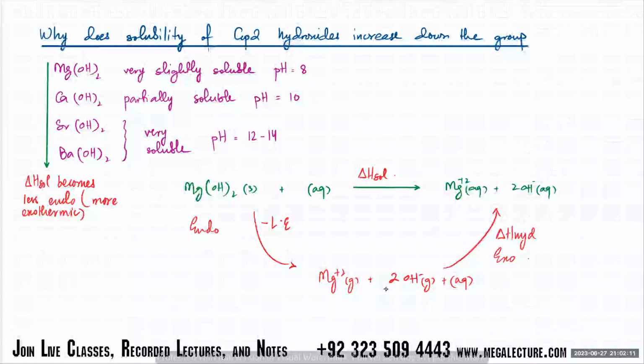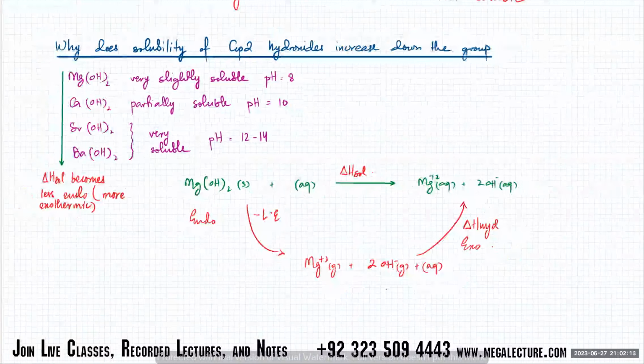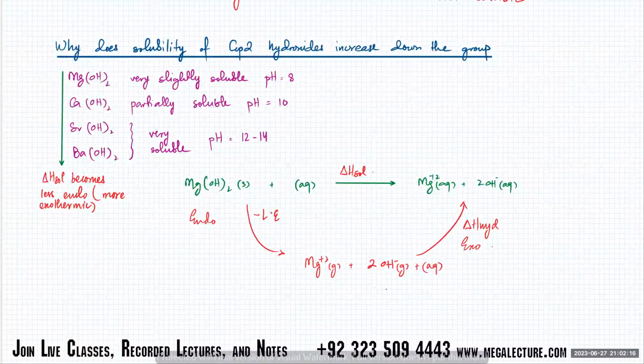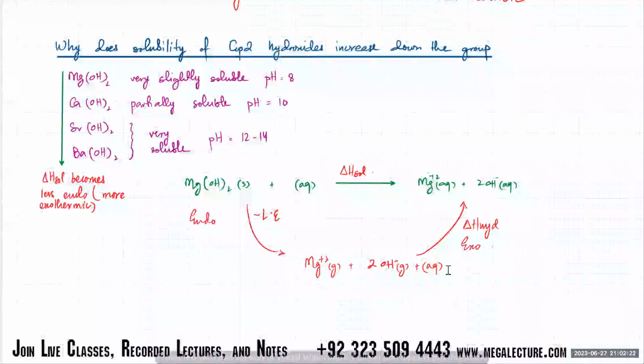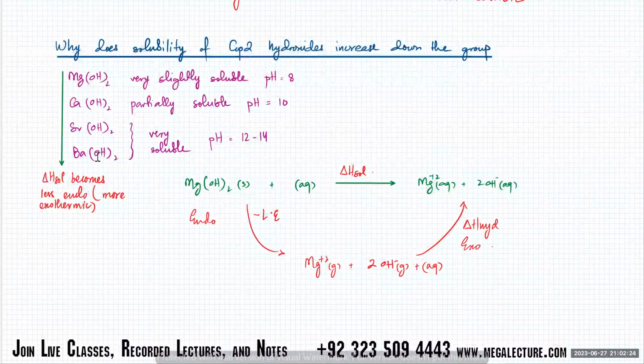Accha, ab ye thoda sa confusing hoga ki, I mean, it's not confusing. It's just you get a very typical question on this. So you now have to explain, based on this diagram, why the enthalpy solution is becoming less endothermic down the group. Achha, so what happens, first step, what happens down the group?